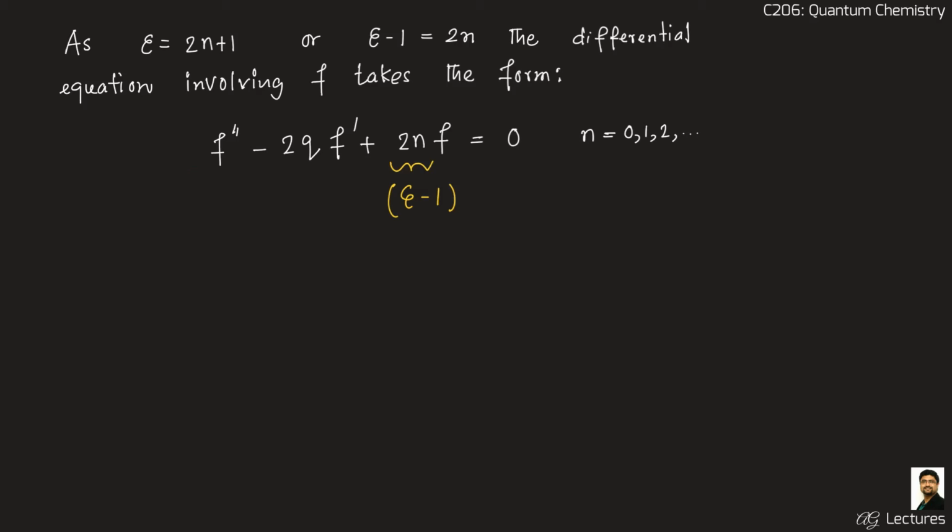And the solutions to this differential equation are called the Hermite polynomials of degree n, depending on what n we choose in the equation. n can be 0, 1, 2, 3, 4, whatever integer values. So therefore, the solution to this particular equation, which we are calling Fn of Q, is directly related to the Hermite polynomials of the same order.